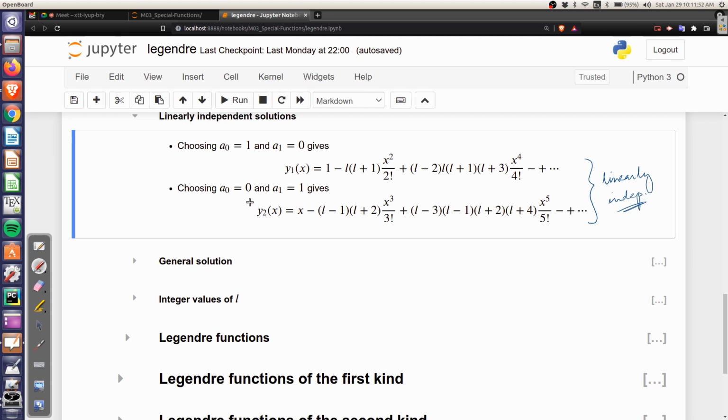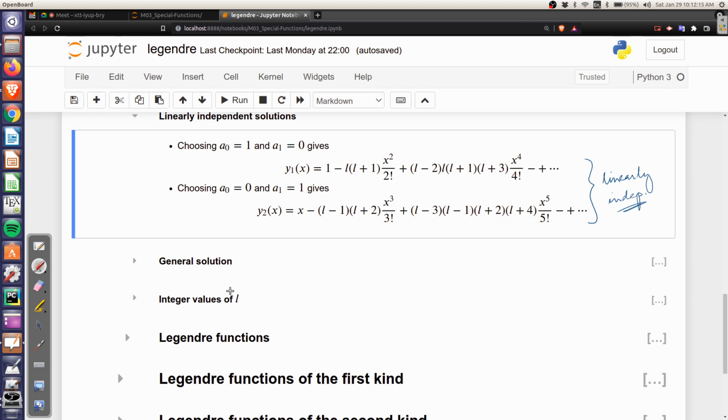What do I mean by linear independence? When I say two functions are linearly independent, what does it mean? One can't be written in terms of the other. Exactly. One cannot be written as some constant times the other.